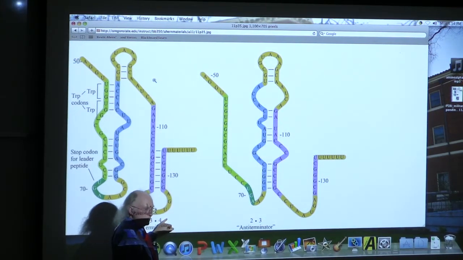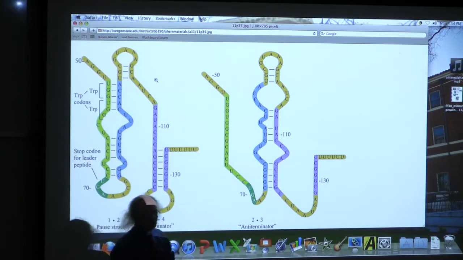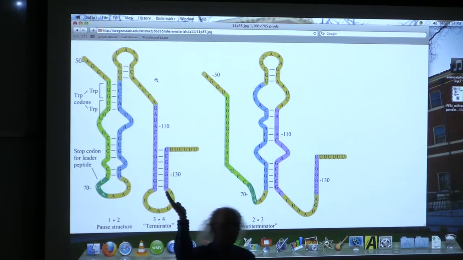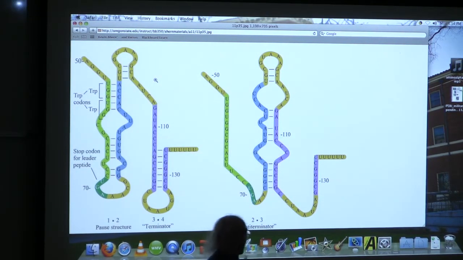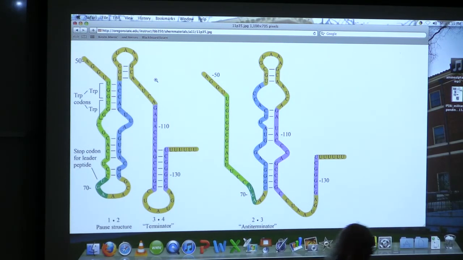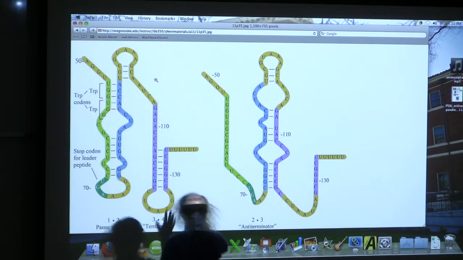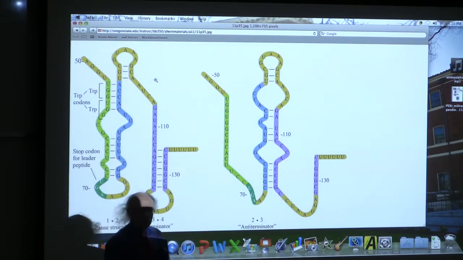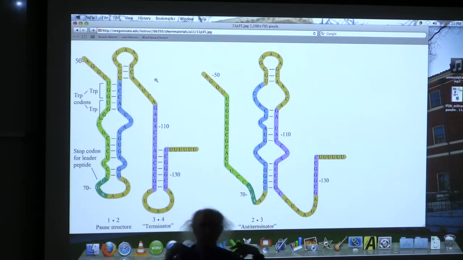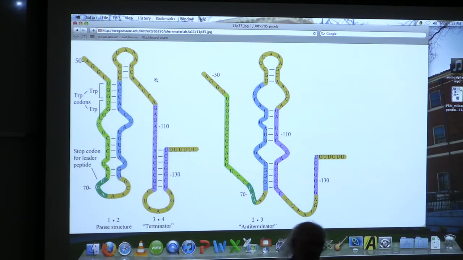This terminator that you've seen before kicks the RNA polymerase off, and transcription stops right there. Instead of making a long RNA that has 10 more genes on it, it's only made an RNA that's got 130 nucleotides on it. So when tryptophan is abundant, we have premature termination of transcription. That's why I keep transcription and translation separate.